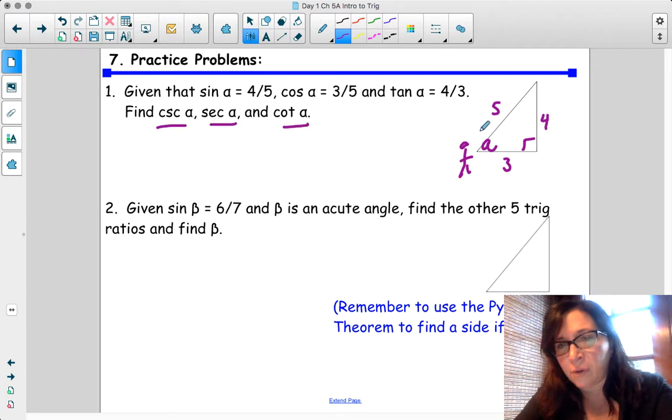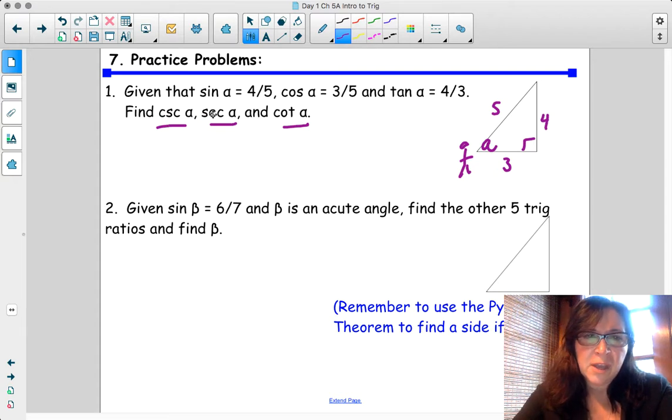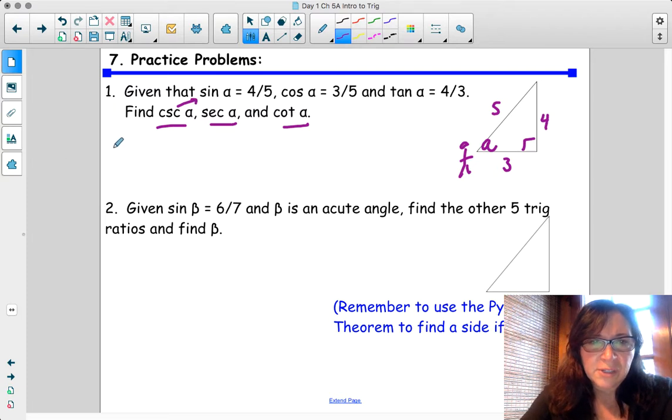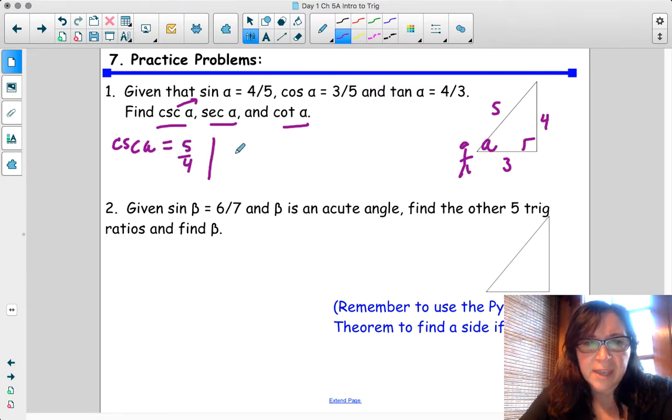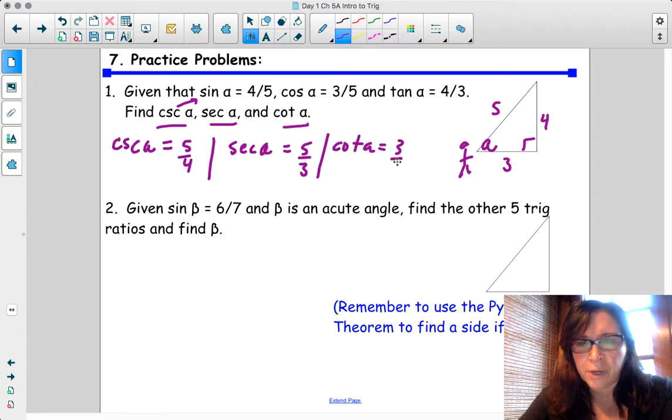Actually, I didn't even need to draw the triangle because I can just take the reciprocal functions of all these. Cosecant is a reciprocal of sine, so cosecant of A is equal to 5/4. Secant of A is going to equal 5/3, and cotangent of A is going to equal 3/4.